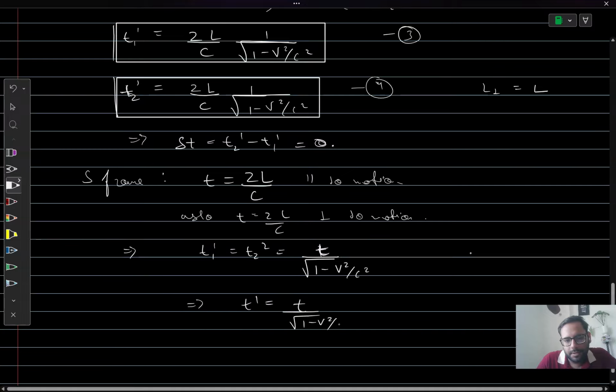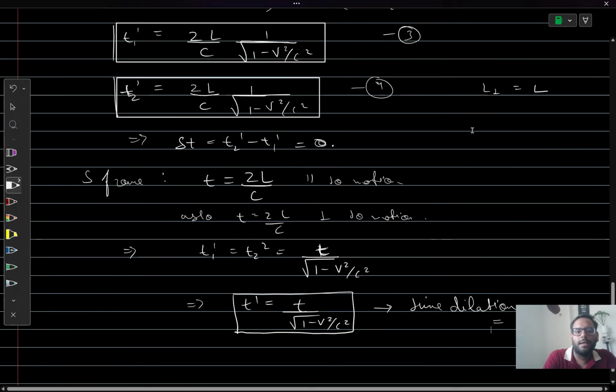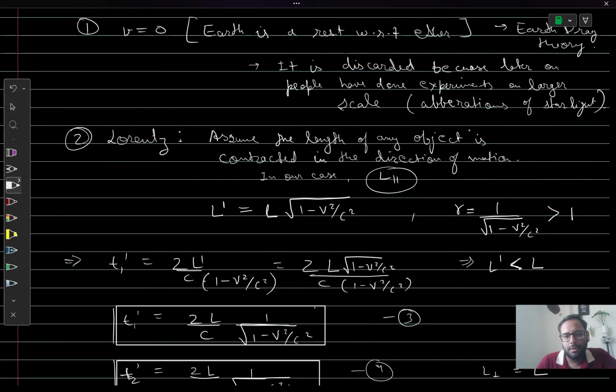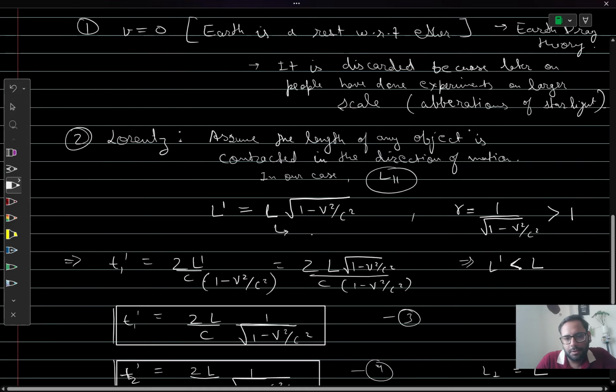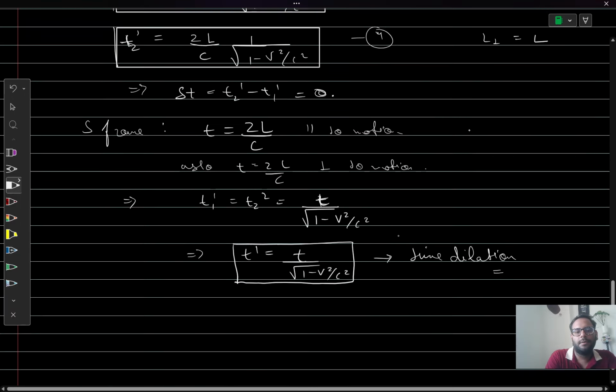This is called time dilation. And what is this called? This is called length contraction.